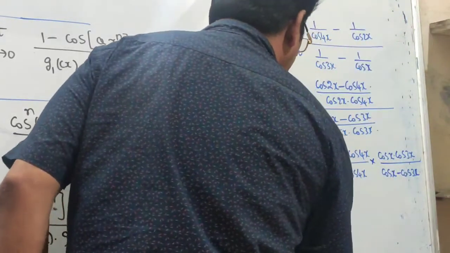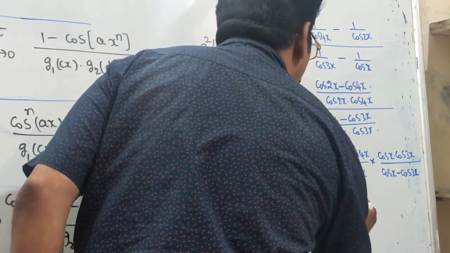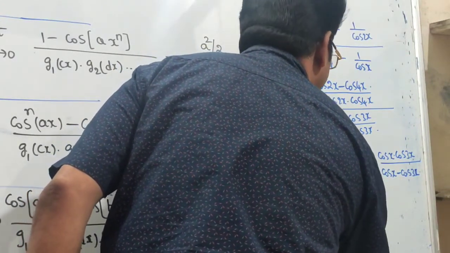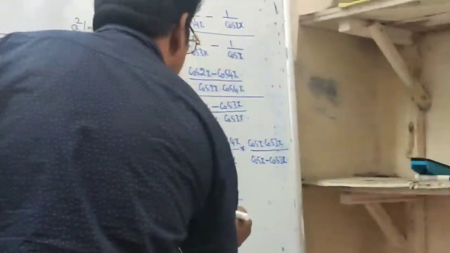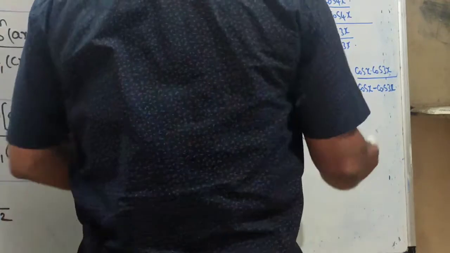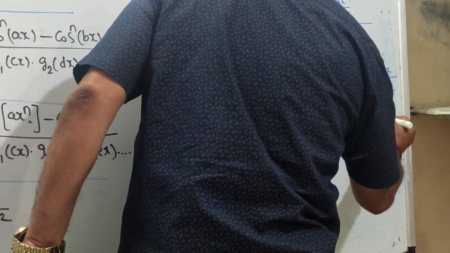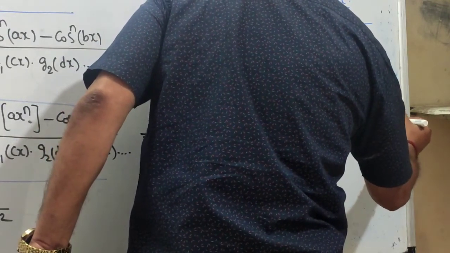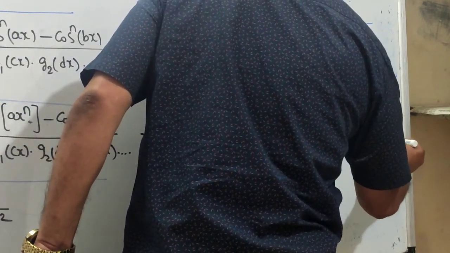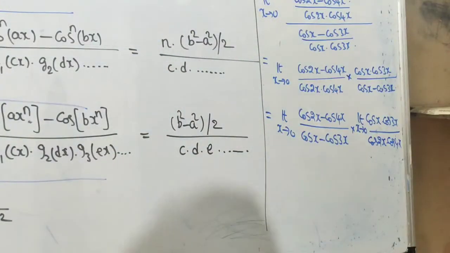So it can be written as limit x tends to 0 of (cos 2x minus cos 4x) divided by (cos x minus cos 3x), into this product, limit x tends to 0 of cos x into cos 3x divided by cos 2x into cos 4x.